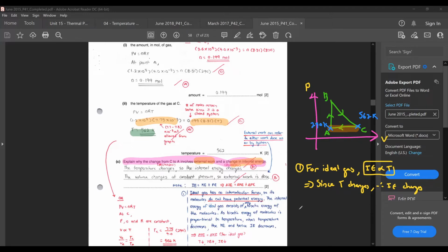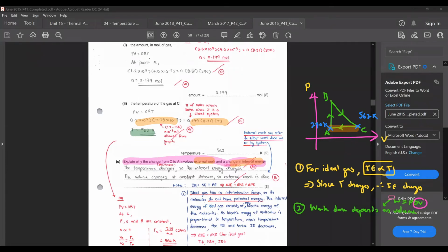And then the second thing we ought to be able to say is, what about work? Now we know that work done for gas depends on volume because of this equation: W equals pressure times change in volume. Work done is dependent on any kind of changes in volume. Okay, it goes without saying the pressure must be constant here, right?